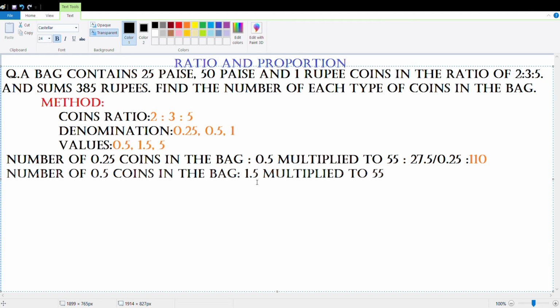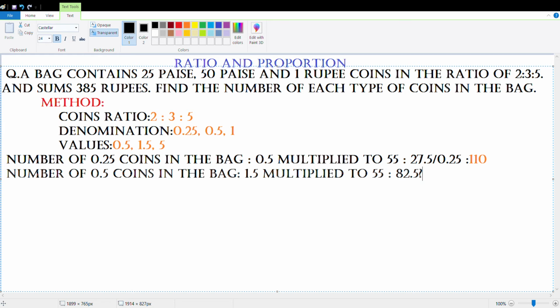Now 1.5 multiplied to 55, which would give us, I would leave this to you guys so you can solve. I'll give you 10 seconds. Try to solve it and tell it to me. Your time starts now. Okay, your time's up. I gave you 12 seconds. I hope you got the answer, which would be 82.5.